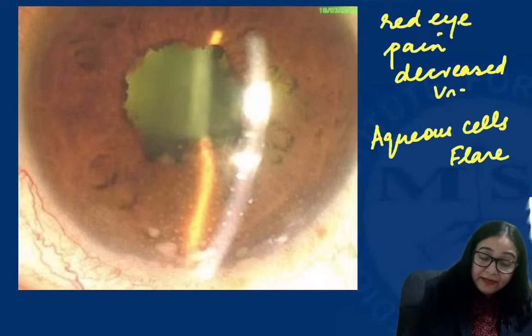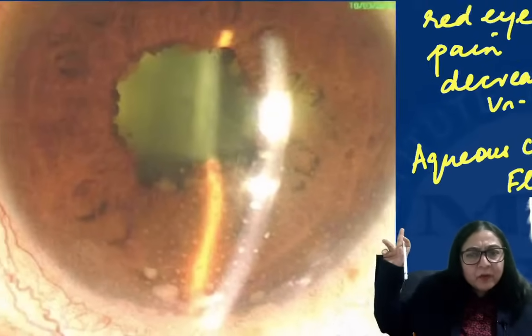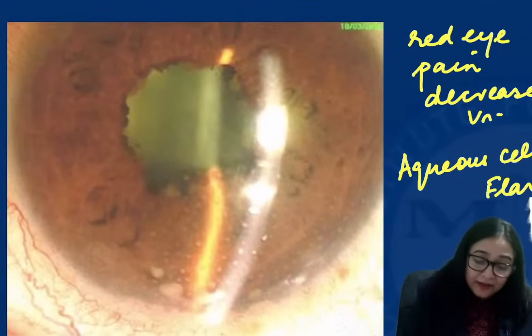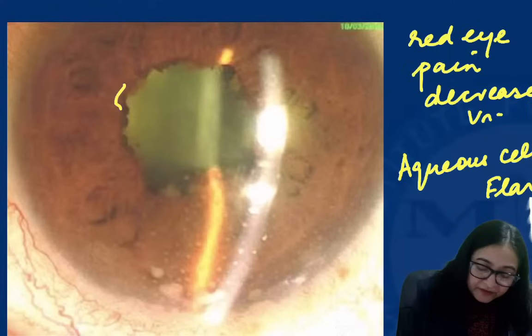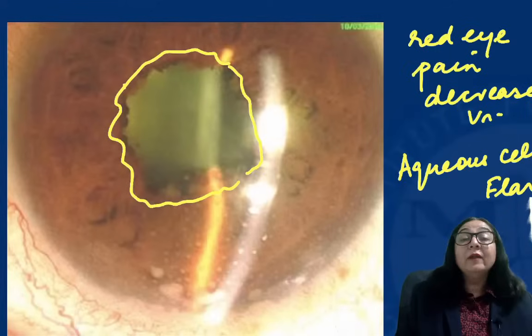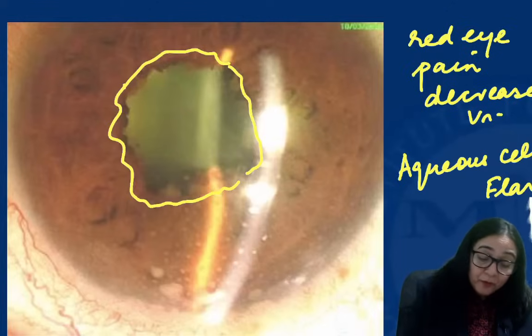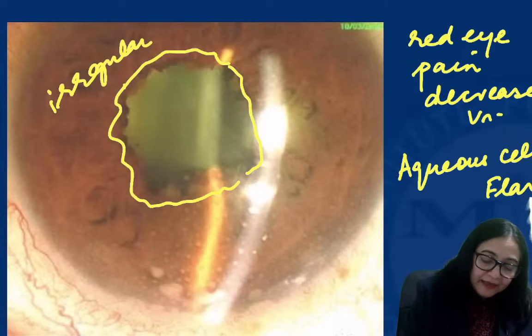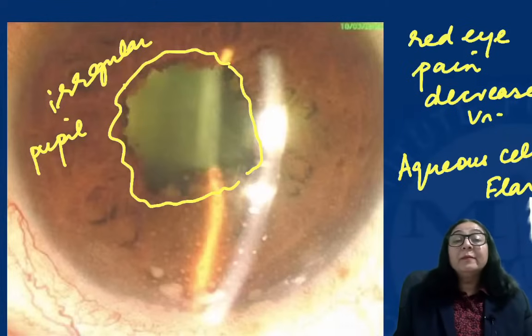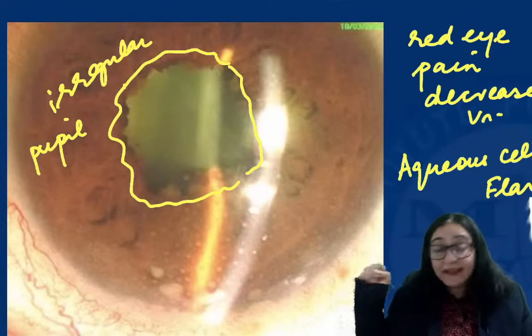So what do you see here, beta? So first of all, what is most striking which you are seeing here? See this pupil which is irregular. This pupil which is irregular. So this irregular pupil is because of the posterior synechiae, beta. This irregular pupil is because of the posterior synechiae.